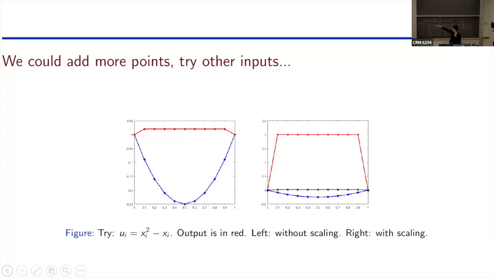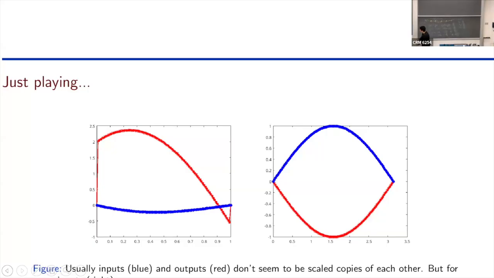Again, the blue and the red curves, they don't really seem to have much to do with each other. I could add more points. Now I've just scaled everything. So if I put in this blue set of points and perform the same kind of procedure, I would get this red curve. I could put in all kinds of blue collections of points and I'll get all kinds of different red curves, except sometimes this happens.